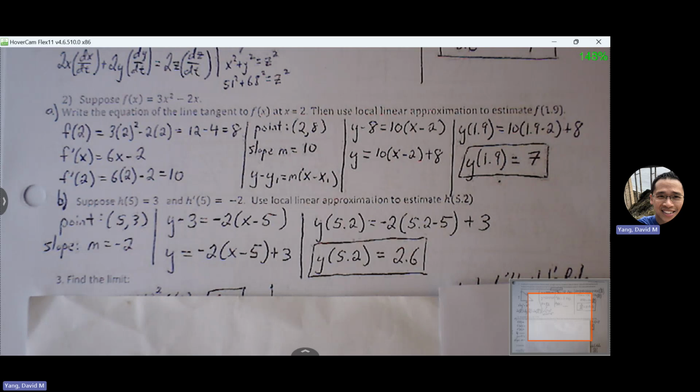But without a calculator, you'll be able to leave your answer unsimplified at the step above it.